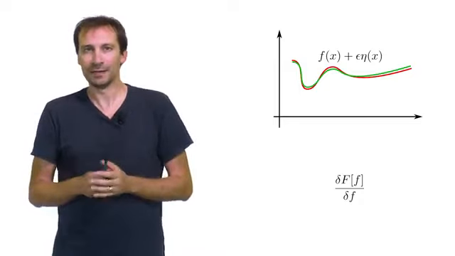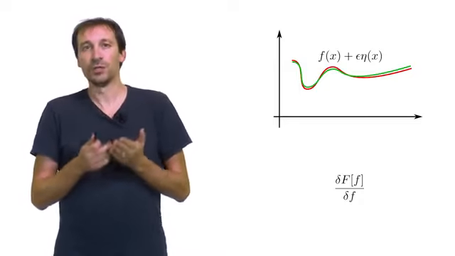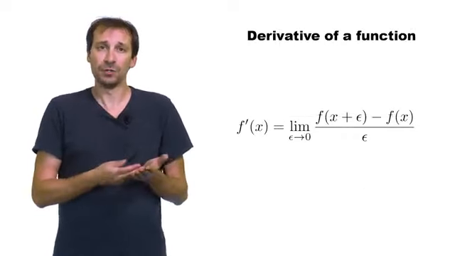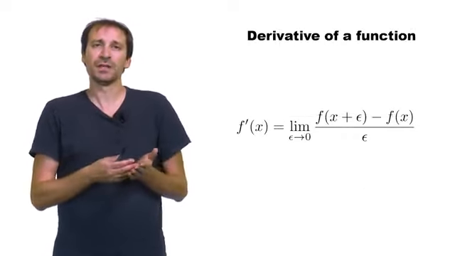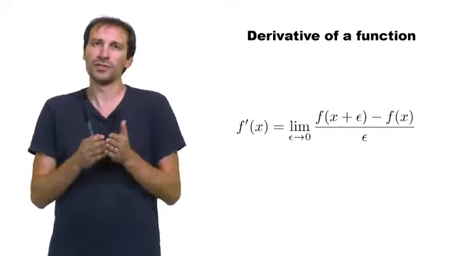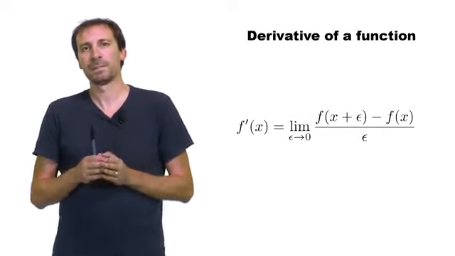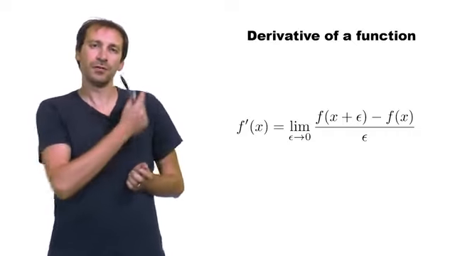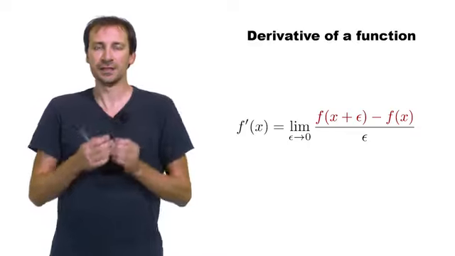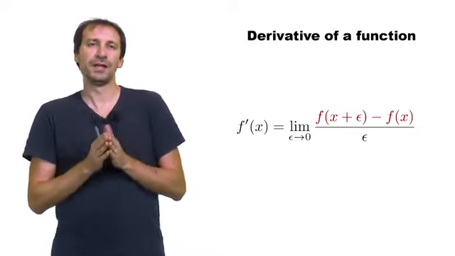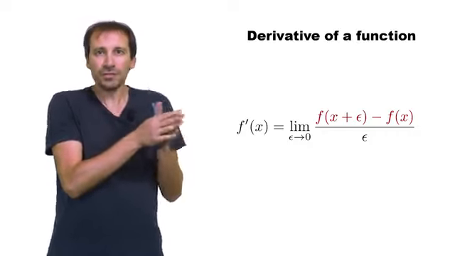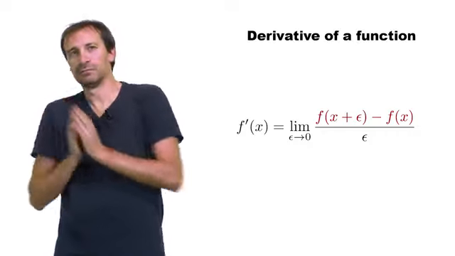Of course, you might recognize here the analogy with the concept of derivative. And in fact, using the analogy with the derivative of a function, I would like to guide you to the concept of functional derivative. Here you see the crucial step is to consider the incremental, that is the difference between the function evaluated at some incremented point minus the function at that point.